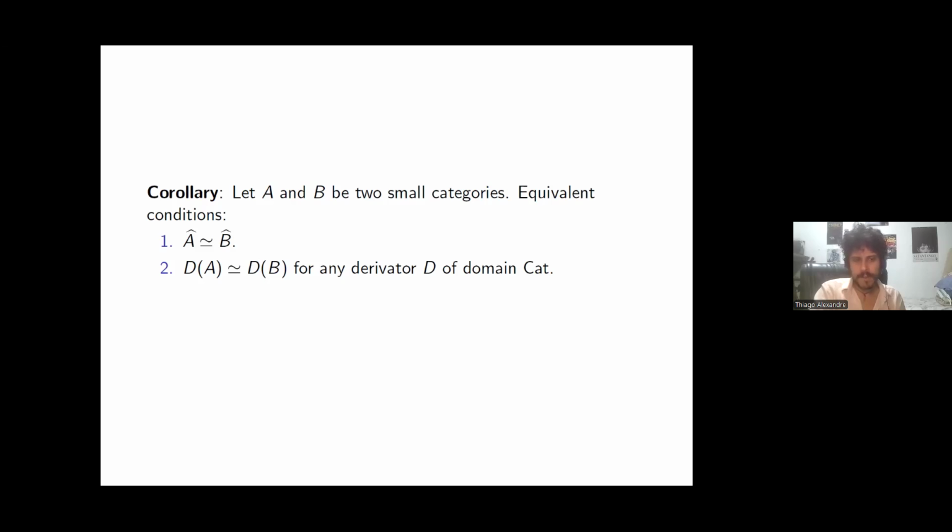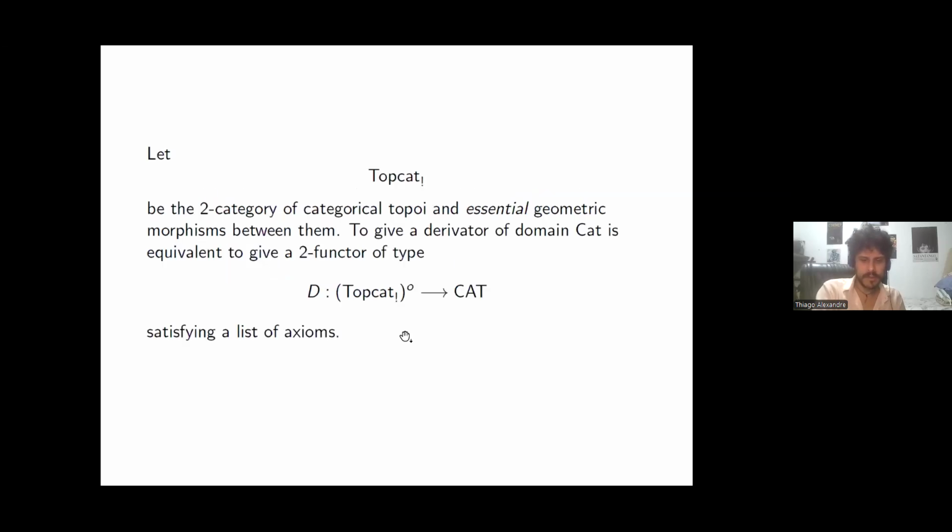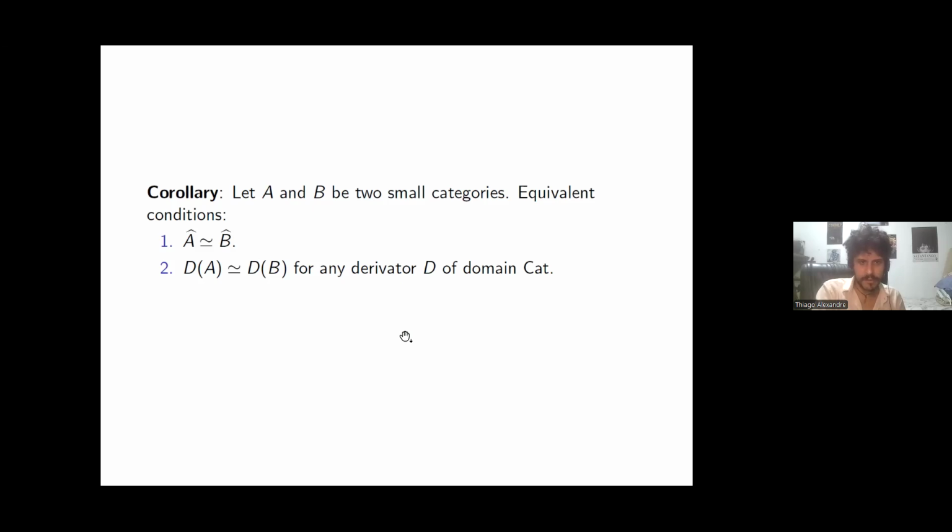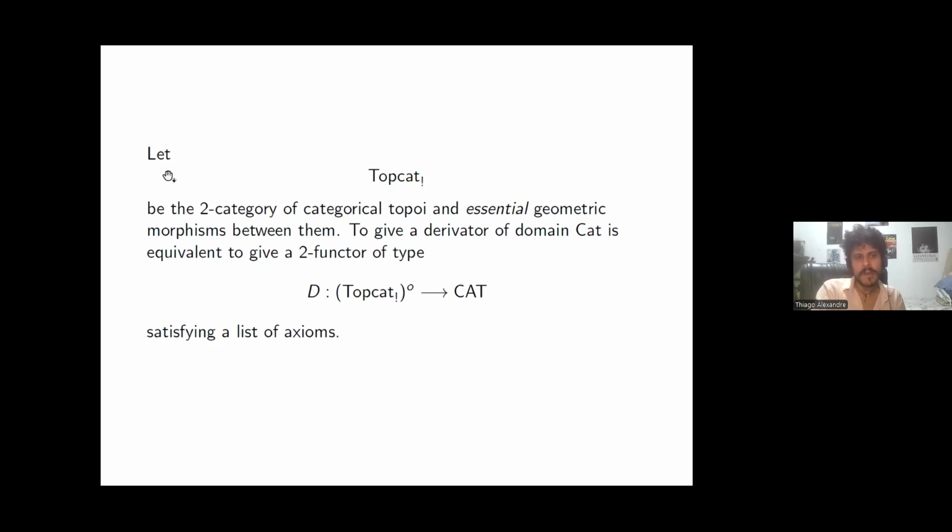And now, in fact, thanks to these results, we can reformulate the theory of derivators in the following sense. You can form this 2-category here, Top Cat, which is the 2-category of categorical topoi, which are topoi of presheaf type, and where morphisms are essential geometric morphisms.